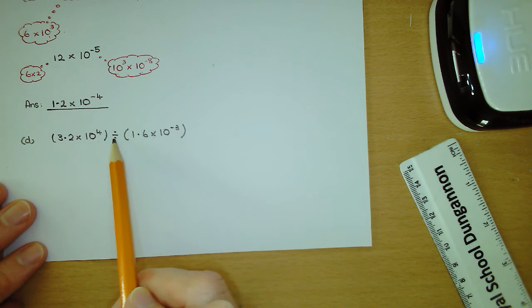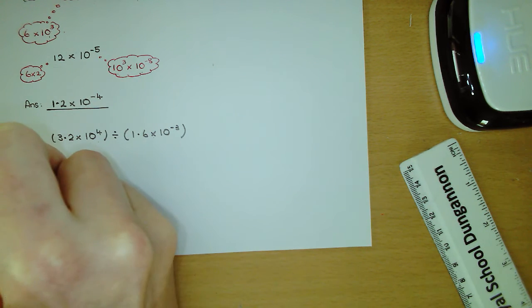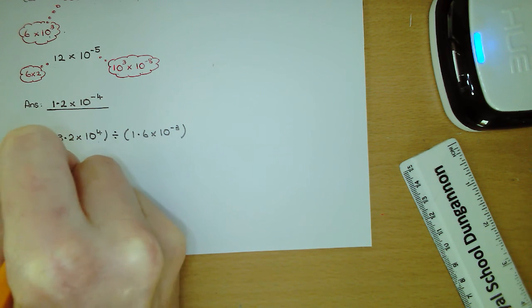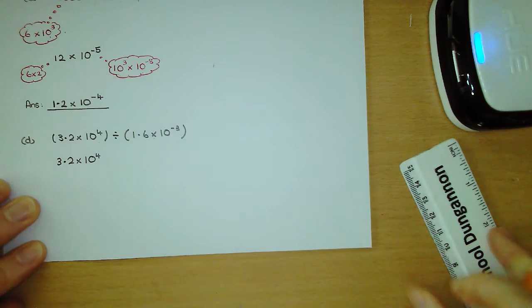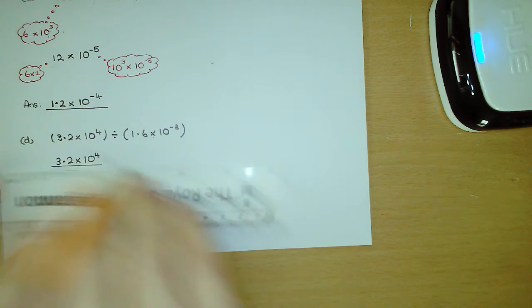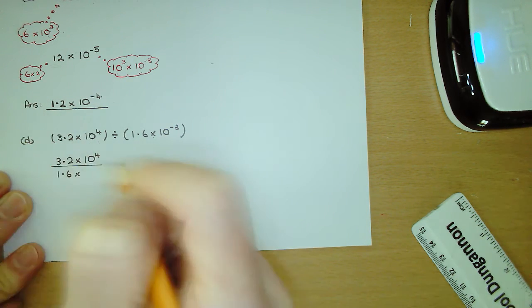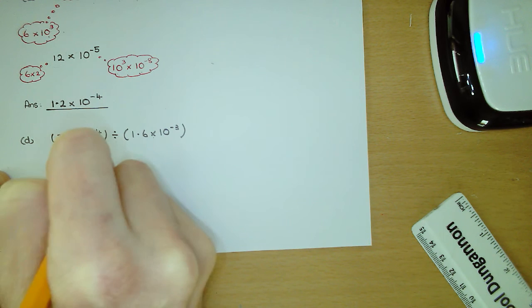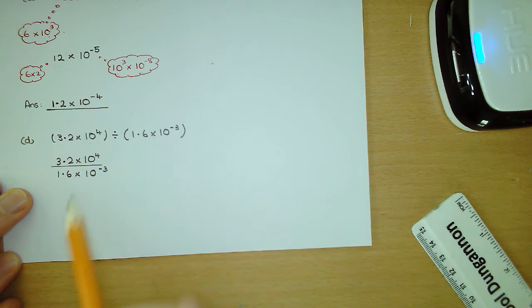So what we're going to do first is write the division as a fraction. So I'm going to write it as 3.2 times 10 to the power 4, and that's all over 1.6 multiplied by 10 to the power minus 3. So rewrite the division as a fraction.